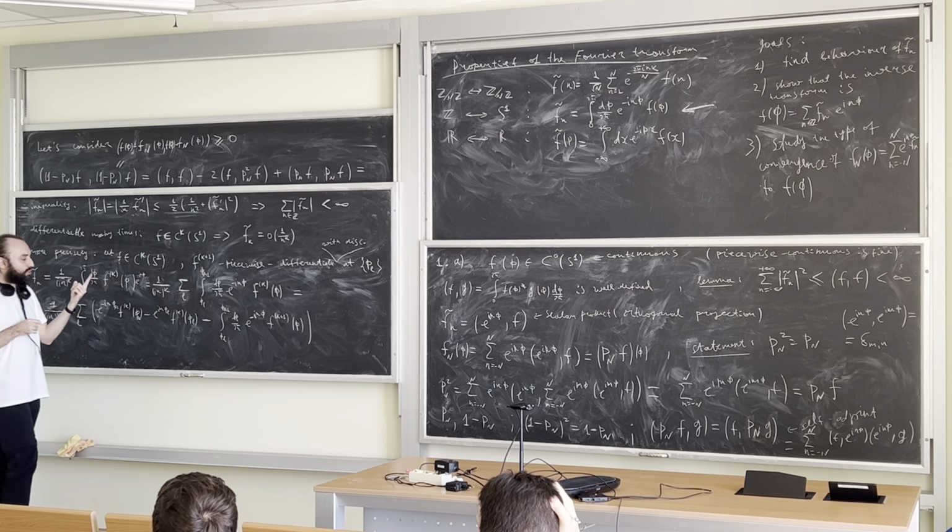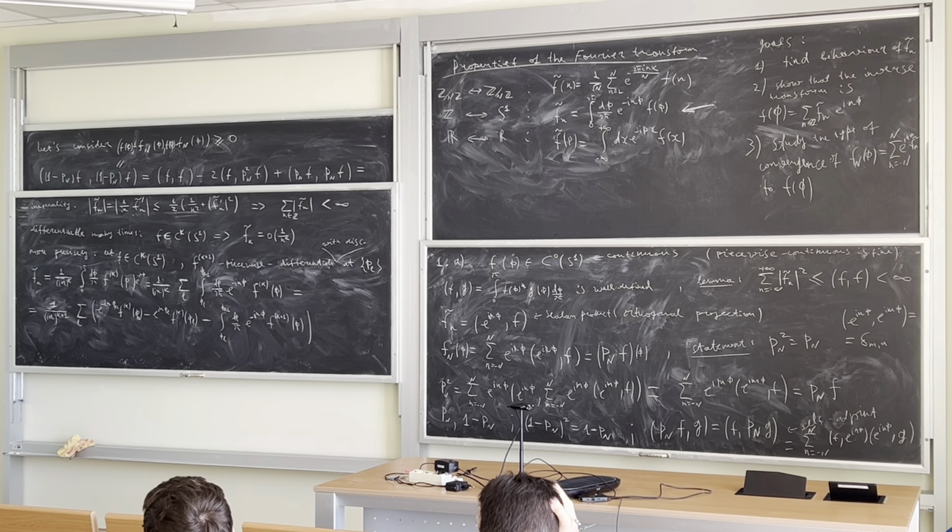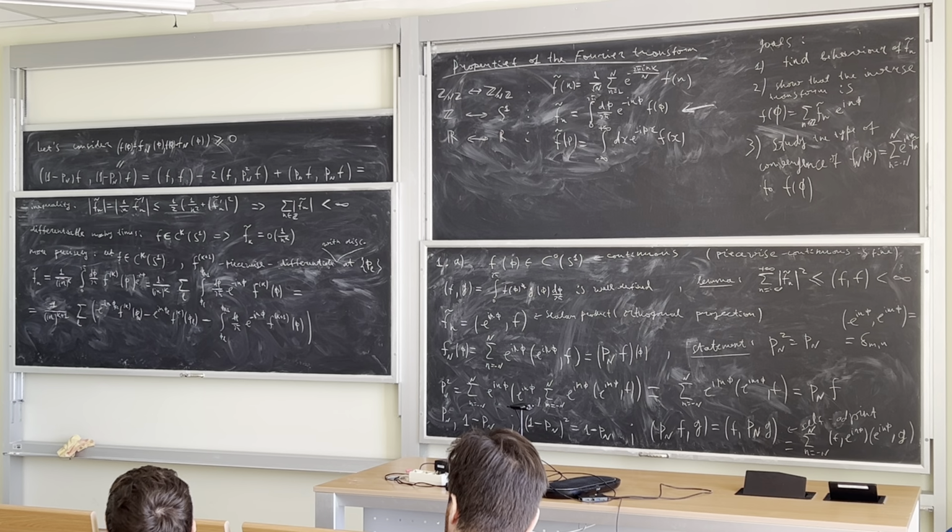So C^0 functions are functions that are just continuous, right? C^1 functions should be functions for which we can compute the derivative, and this derivative is continuous, right?